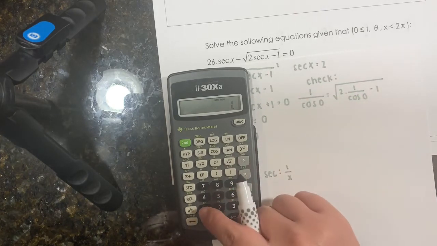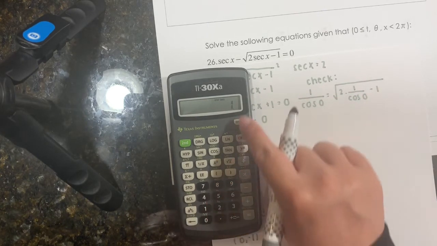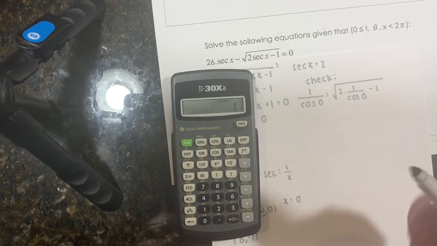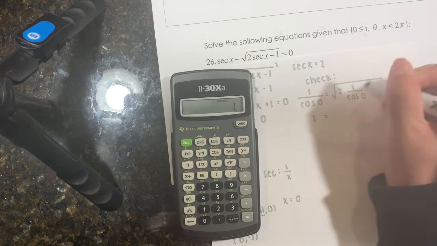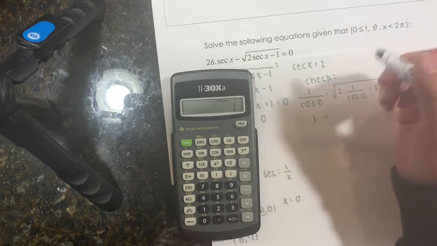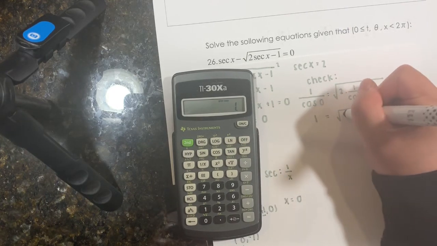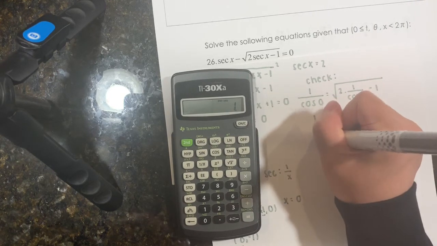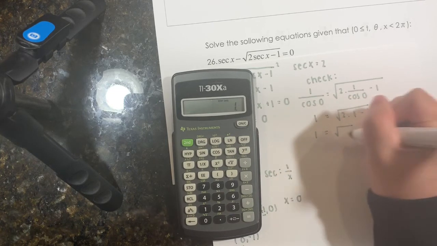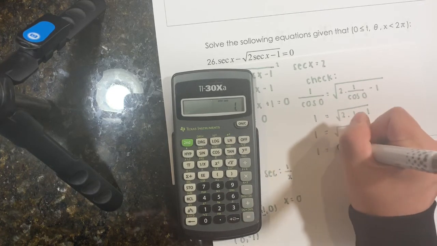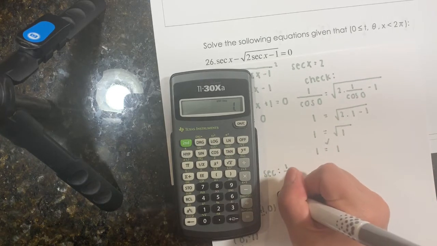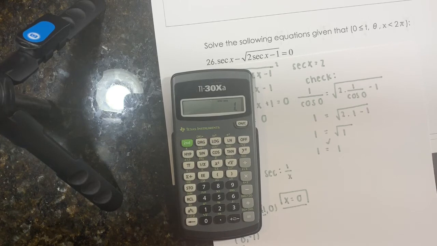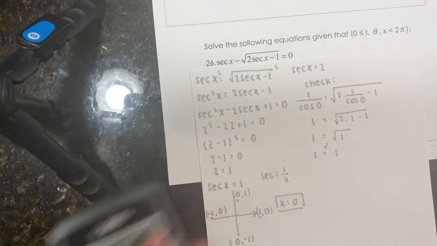So 1 divided by the cosine of 0 equals 1. So if 1 divided by the cosine of 0 is 1, that would be the square root of 2 times 1 minus 1, which would be the square root of 1. And 1 does equal 1, so therefore my answer is x is equal to 0. So it's not 0 degrees, it's 0 radians, because remember our answer has to be in radians.